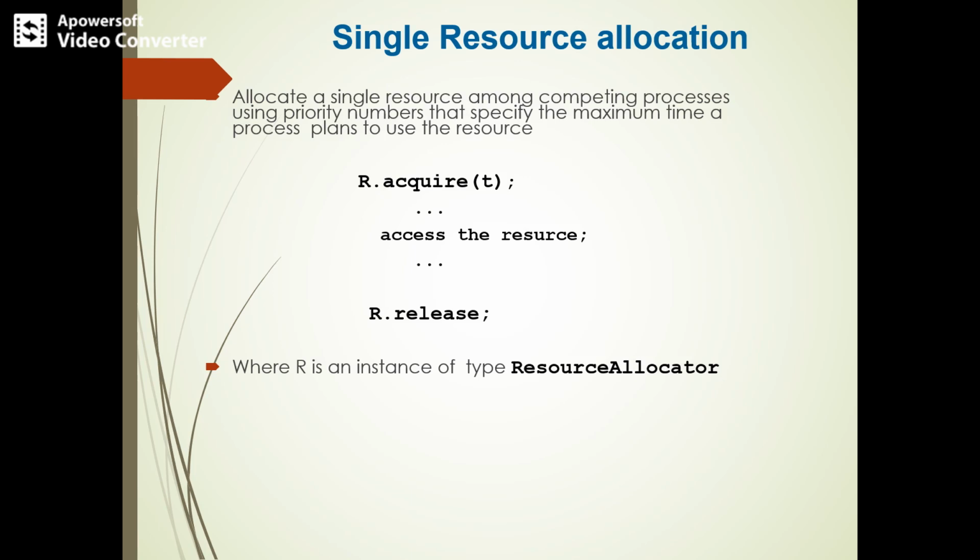Each process, when requesting an allocation of the resource, specifies the maximum time it plans to use the resource. Here R is an instance of type ResourceAllocator, and it has two built-in functions, acquire and release. When it wants to acquire, it specifies the time, and if the resource is busy, then it has to wait for some time, or else it can access the resource, and once it has accessed the resource, it can release the resource.